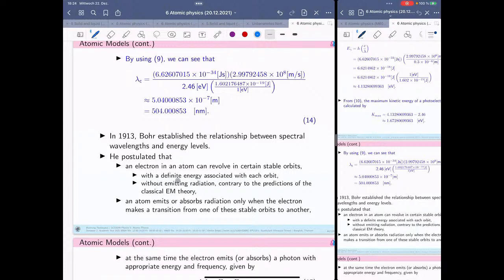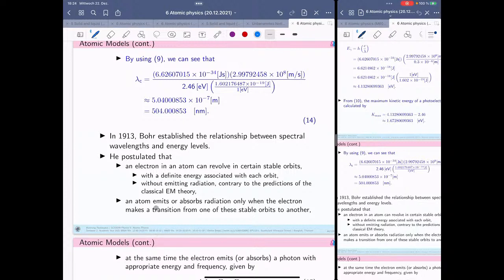Each orbit has its own value for the energy, without emitting radiation, contrary to the predictions of classical electromagnetic theory. It just moves around an atom without any electromagnetic wave radiation, which is opposite to the prediction by classical electromagnetic theory.